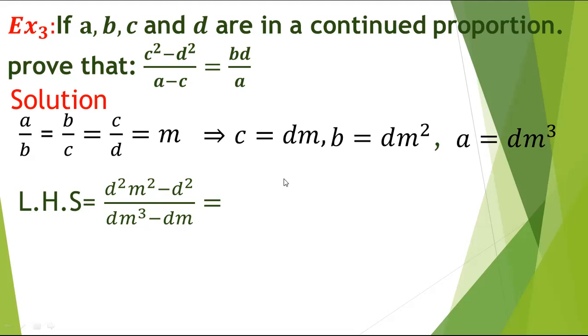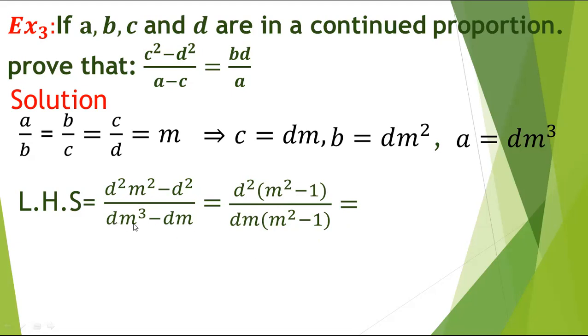The second step, take the highest common factor. The highest common factor in the numerator equals D power 2, remainder M power 2 minus 1. Take D power 2, open bracket, D power 2 M power 2 divided by D power 2 gives M power 2, minus D power 2 divided by D power 2 equals 1.